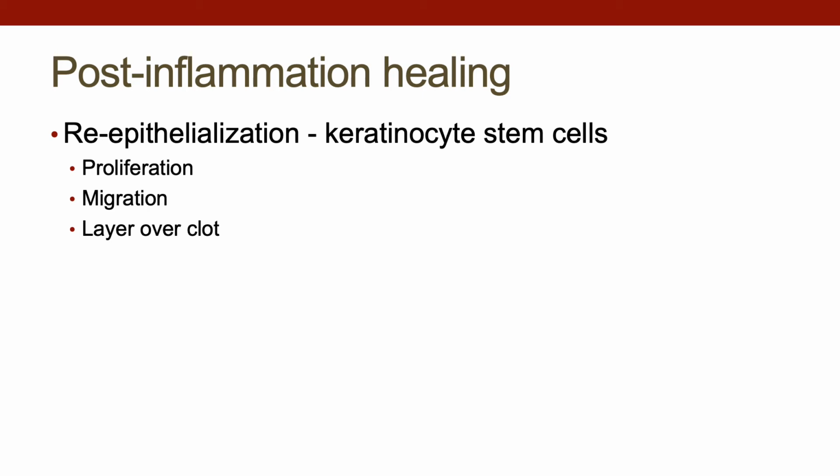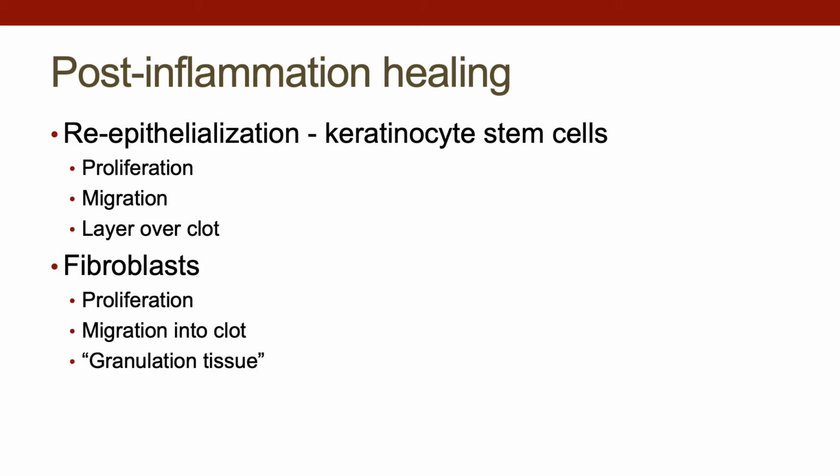So they proliferate, they migrate, and they layer over the blood clot and create a new epithelial layer. And then there are processes with fibroblasts underneath the epithelial layer where they proliferate, they migrate into the clot, and they form something called granulation tissue.